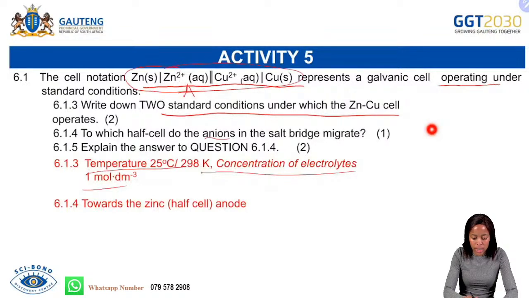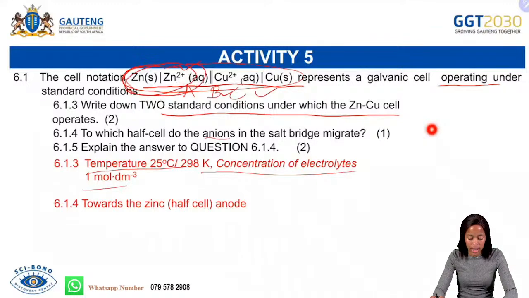Remember, it's as easy as A, B, C. So the anode is represented on the left-hand side, then the salt bridge and the cathode. Therefore, the ions are going to migrate to the side where we have the anode half reaction. It's going to be towards the zinc half cell, which is the anode.